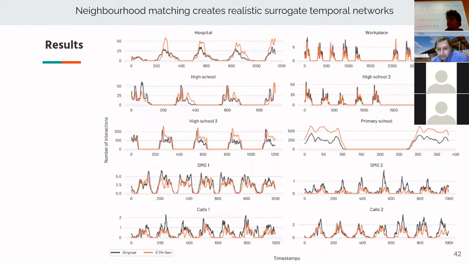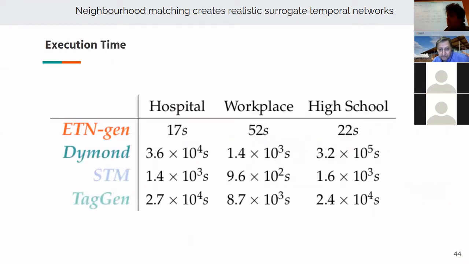We have several metrics in the paper. In the end, what I would like to say is the scalability of the method, because here I'm showing that we are running this algorithm with 10 different datasets. And one question may be, where are the competitors? Well, here is the key point. In terms of time, our algorithm is extremely fast compared to the competitors.